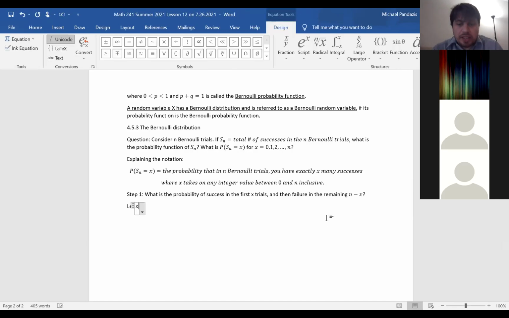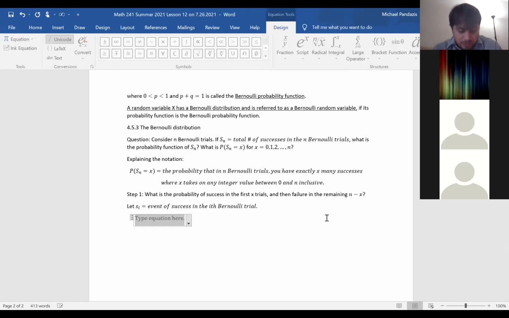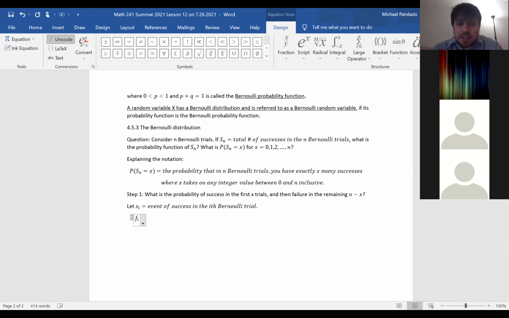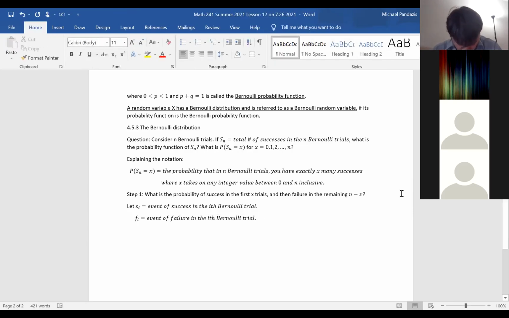So let little s sub i equal the event of success in the ith Bernoulli trial, and let f sub i equal the event of failure in the ith Bernoulli trial, where i is going from 1 to n.